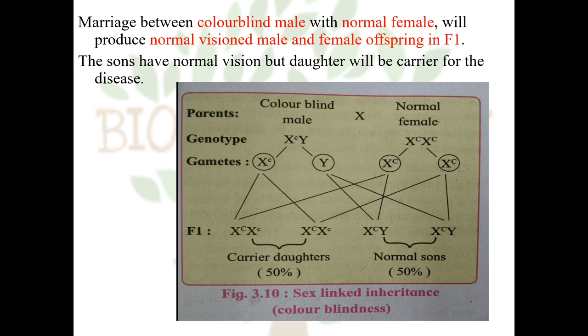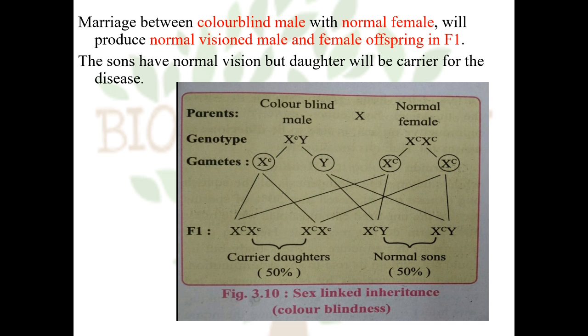When the gamete having X small c fuses with a gamete from the female, X capital C, it produces the genotype X capital C X small c, a carrier daughter. When X small c fuses with another gamete from the normal female, X capital C, it again produces a carrier daughter.